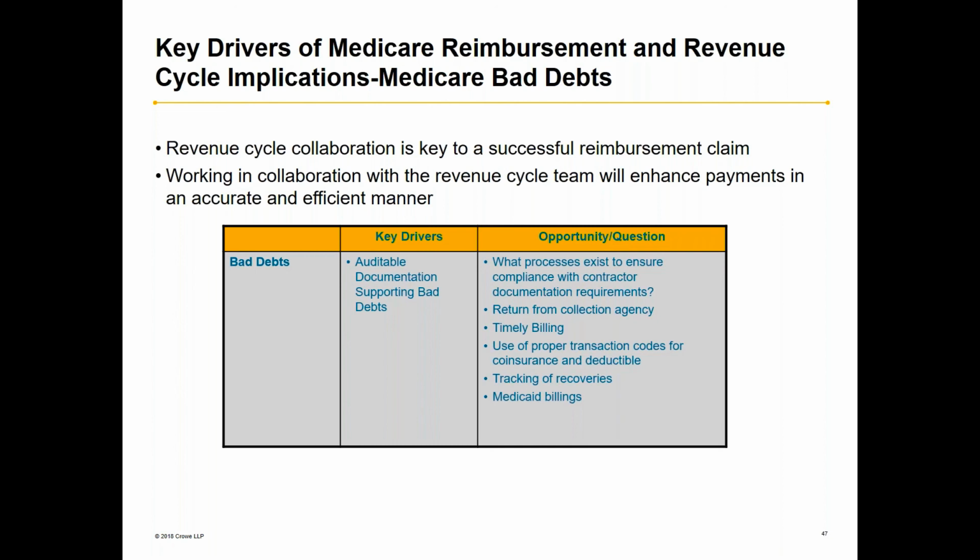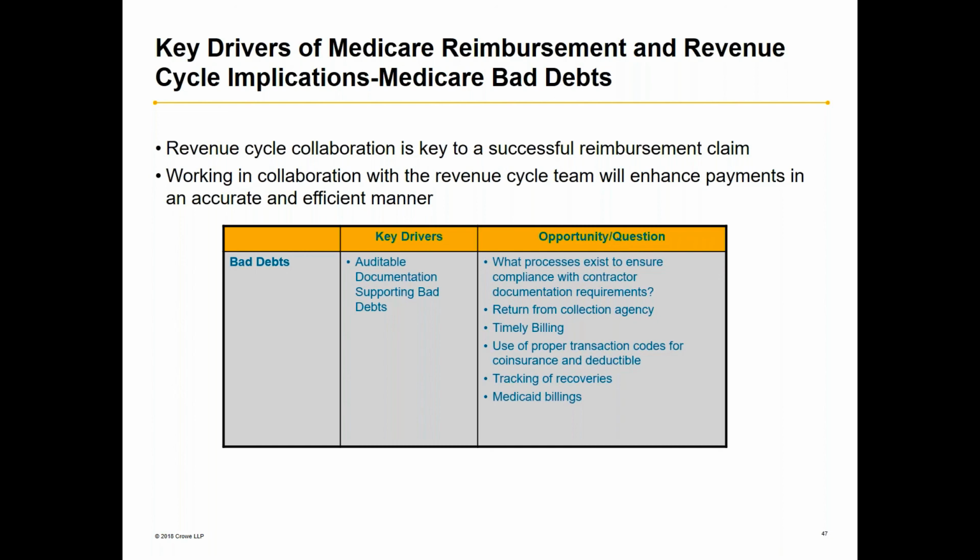So what processes are in place to make sure that the MAC documentation requirements are met, and where is this information housed, and how can you obtain that information, whether that be in the patient file or electronic, or wherever that information is? Is this bad debt returned from collection policy?